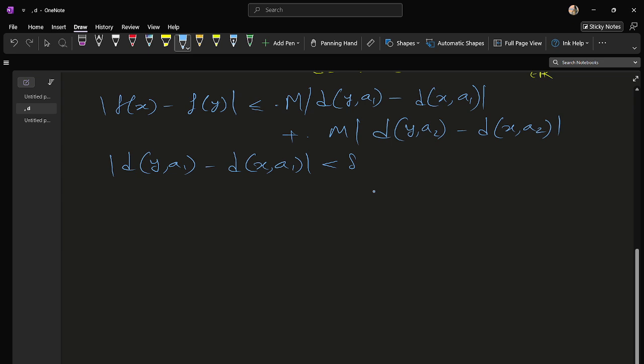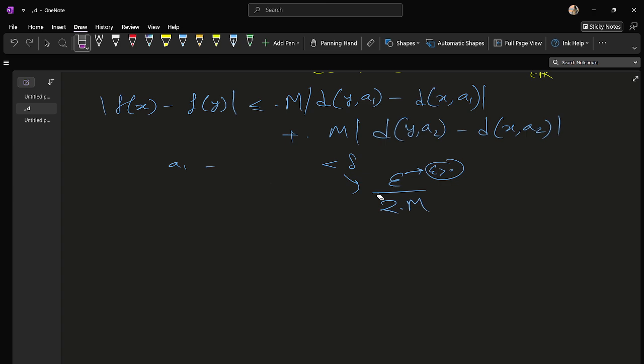And as it is less than delta, my delta can be anything, anything very small. Let epsilon be greater than zero, an arbitrarily small real number, and let us take our delta as epsilon divided by 2m.